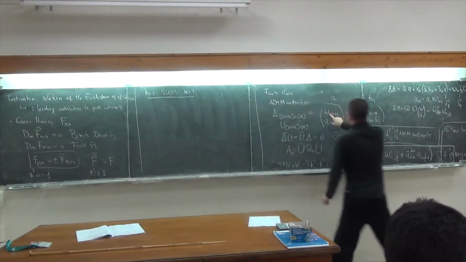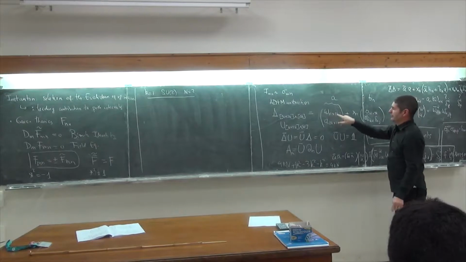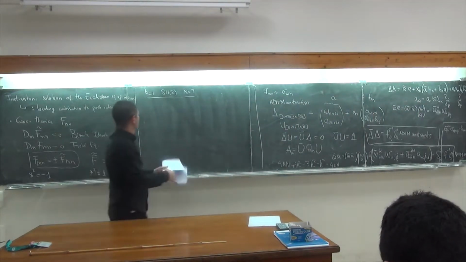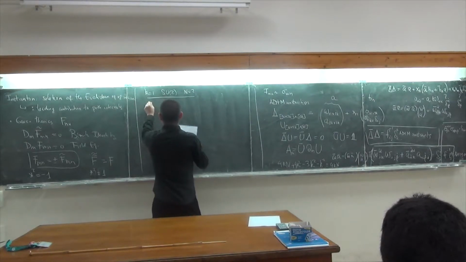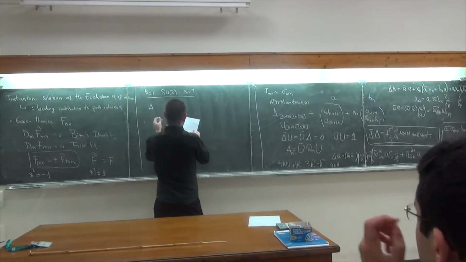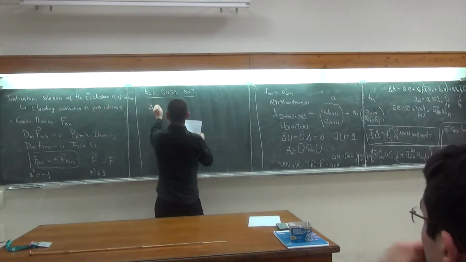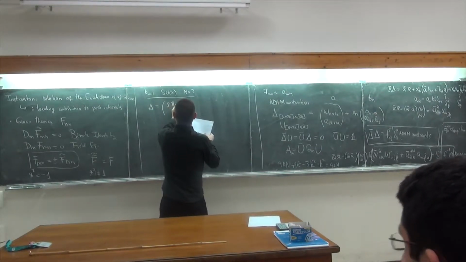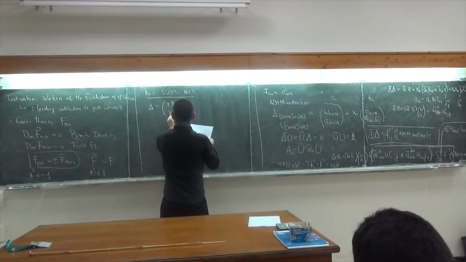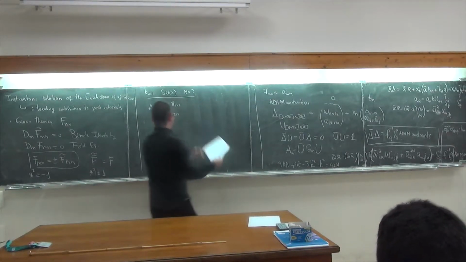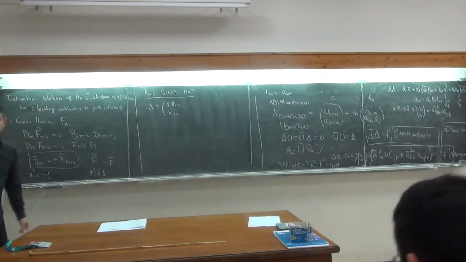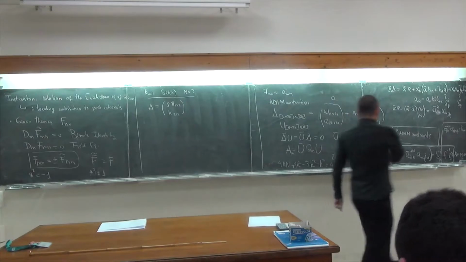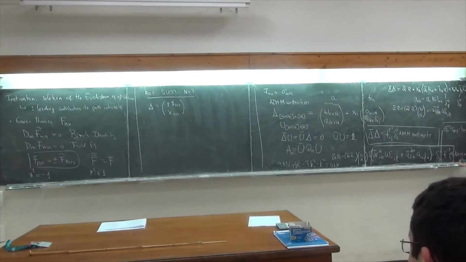Therefore, omega is a 2 by 2 matrix, and it satisfies this constraint.